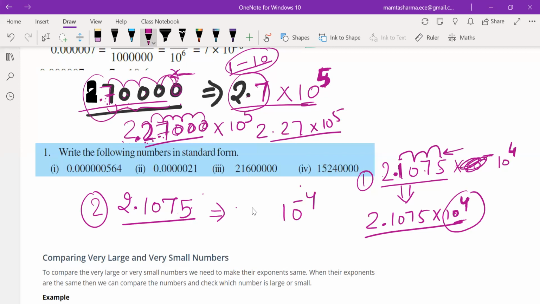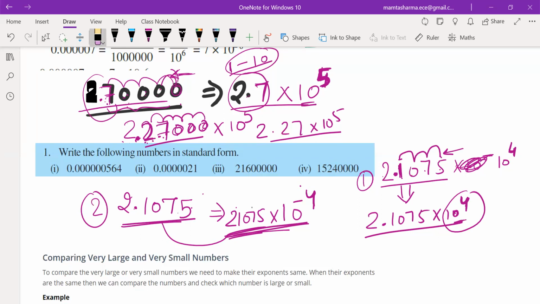Four digits are there after the decimal, so the minus 4 exponent will come. And now write the number as a whole number. So this would be the standard form, or you can say exponent form, of this decimal number. So there are two types of conversion: whole number to exponent form, and decimal number to exponent form. Is it clear?